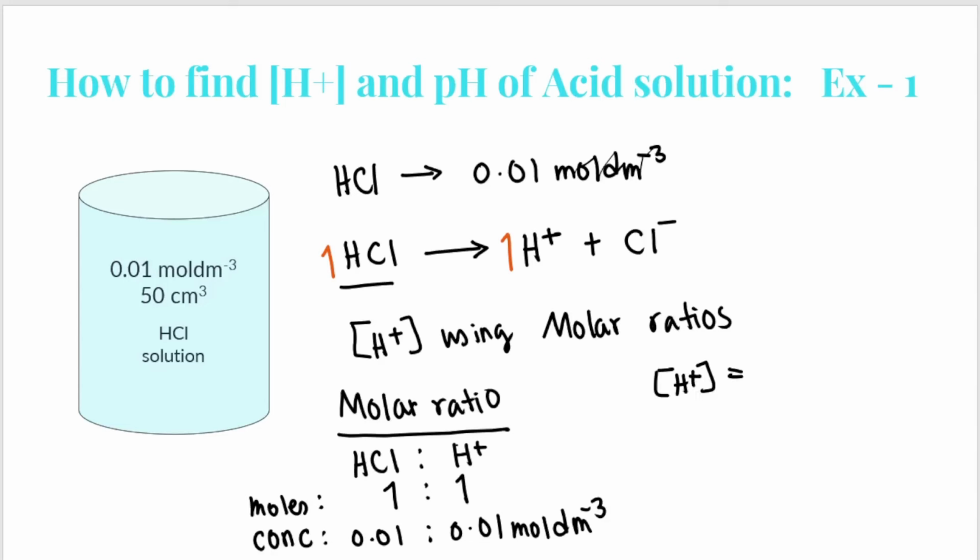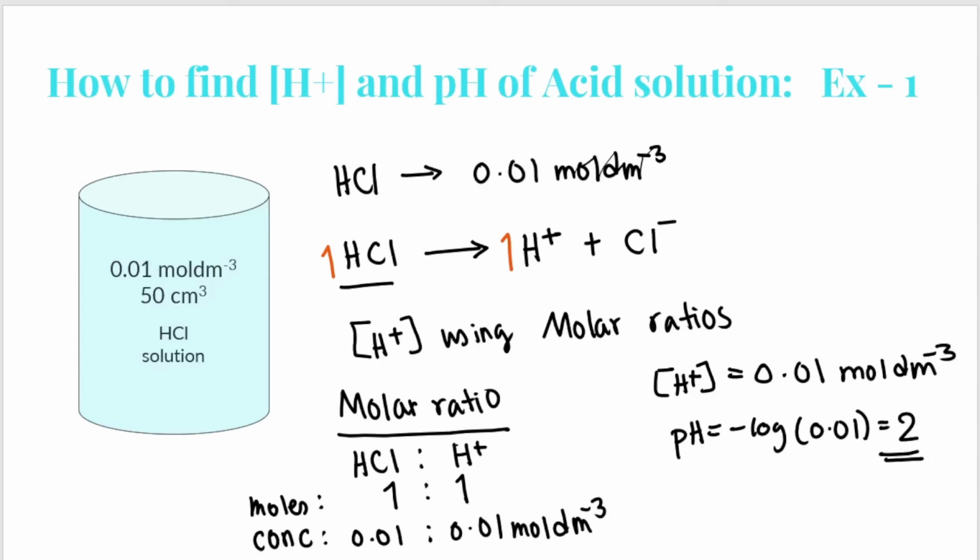Since we know that the hydrogen ion concentration within the HCl solution is 0.01 moles per dm cube, we can easily find the pH of this solution to be negative log of 0.01, which equals 2. Therefore, the pH of this HCl solution is 2.